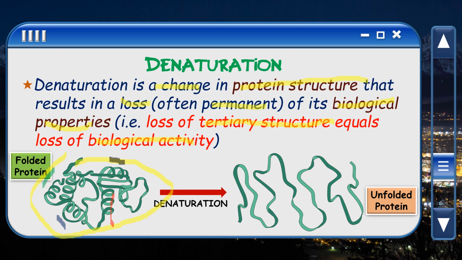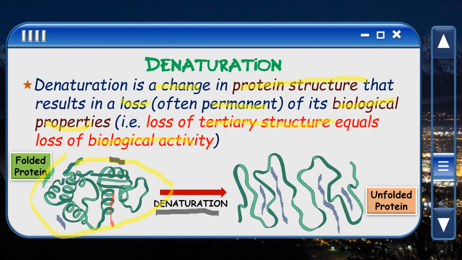Now, if it is denatured, that means that the folding is going to change. Now you can see that it is no longer folded. The bonds that were forming, making it fold, all of them have been lost because it has been denatured.